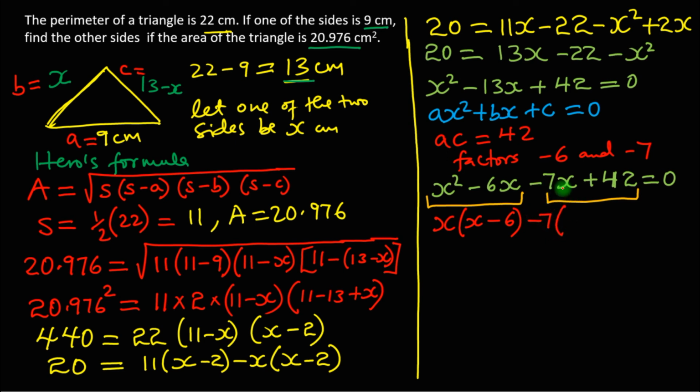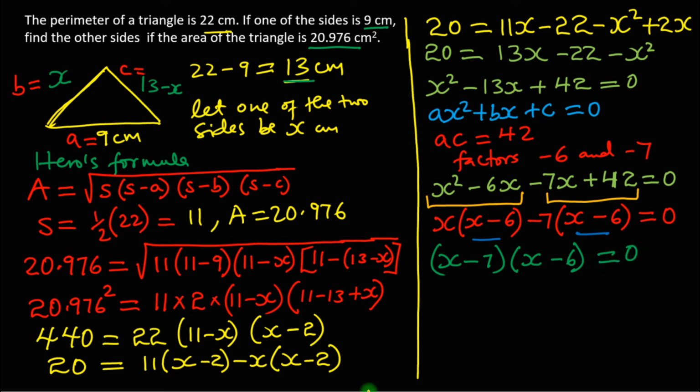So minus 7x divided by minus 7, we get x. Then 42 divided by minus 7, we get minus 6, close the bracket, will be equal to 0. Therefore, everything that is in a bracket, they are common. So we rewrite it as x minus 7 multiplied by x minus 6 will be equal to 0.